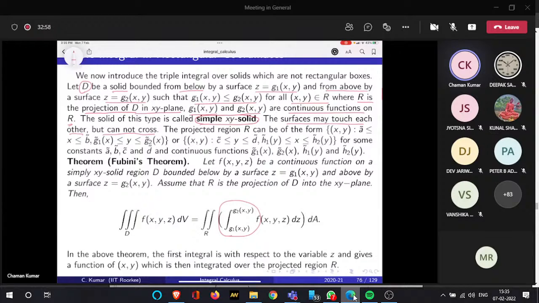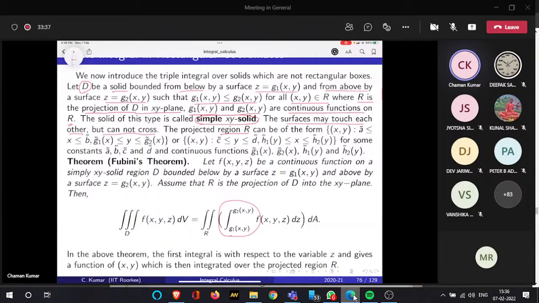So if you have surfaces where G1 and G2 not only touch but also cross each other, then in that case you cannot use Fubini's theorem. Now let us also assume that the projected region R. Now R is the projection of D in the xy plane. So that means R can also have many different types.